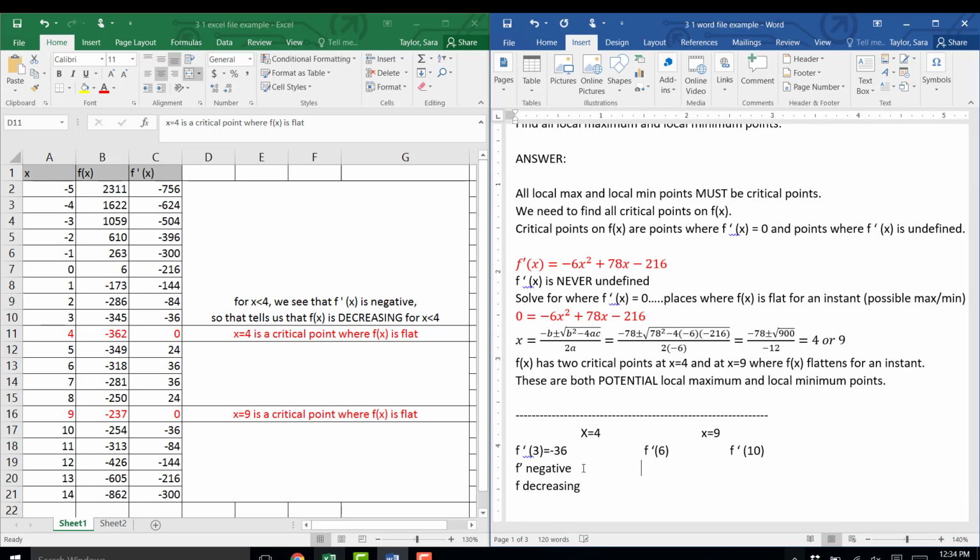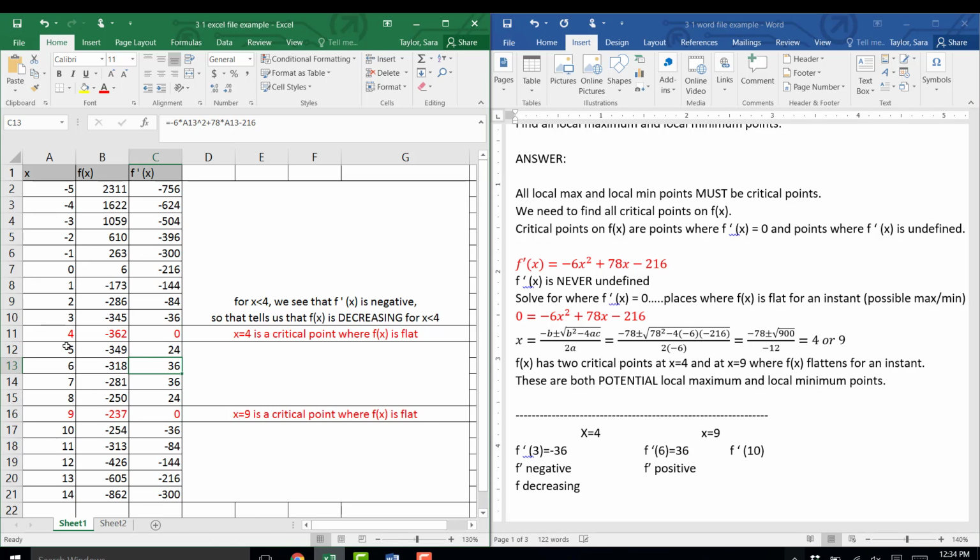Then we move on to the next interval. F prime of 6. Again, let's go back to our Excel table. Here x is 6. We see f prime is equal to 36. F prime of 6 equals 36. I don't particularly care about the fact that it's 36. What I care about is that f prime is positive, right?